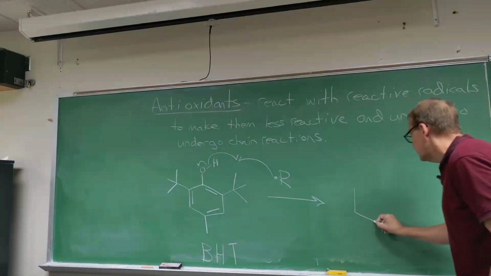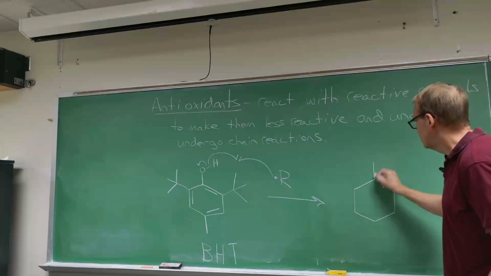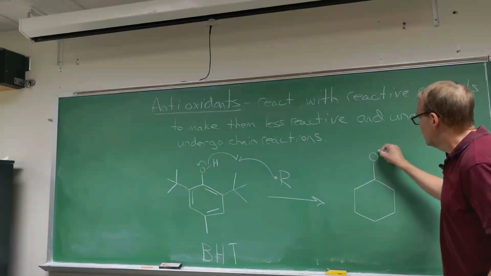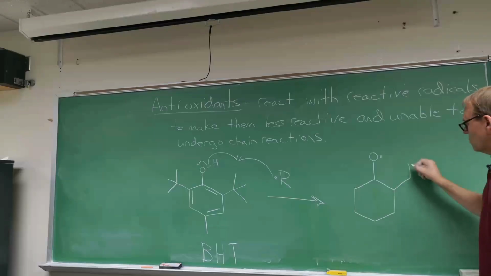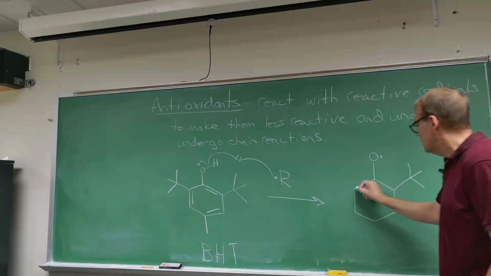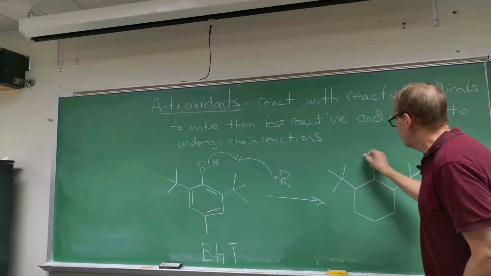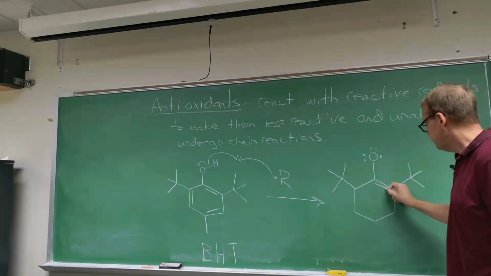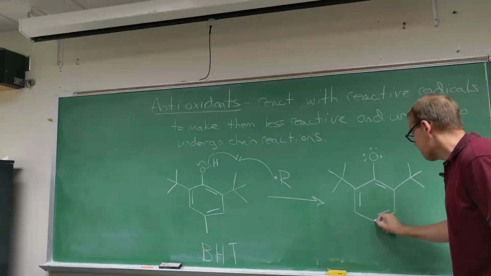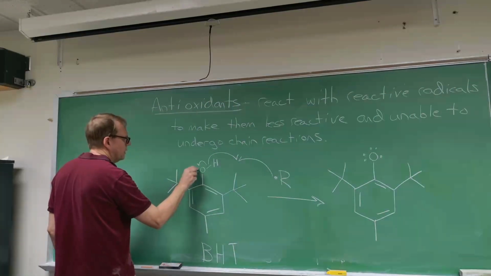And then you get a molecule that looks like this, where there's an O dot, and I haven't drawn the lone pairs in on BHT. I probably will right here just so you can see the complete structure. I'll draw them in over here as well.